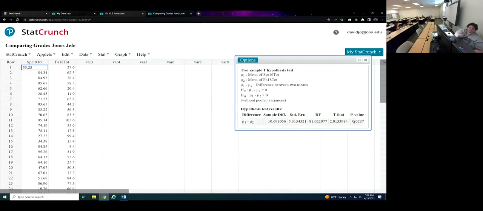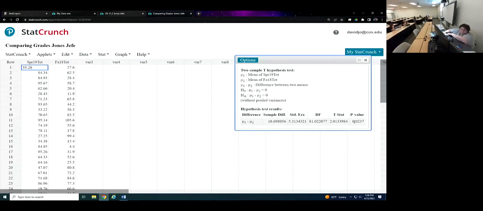So I get my T-stat. I can see it is 2.013. P-value is 0.0237.